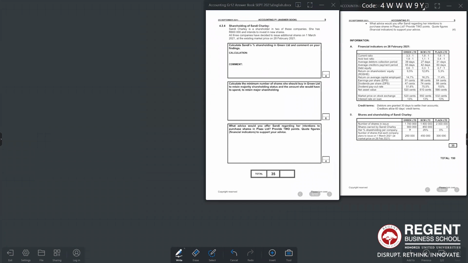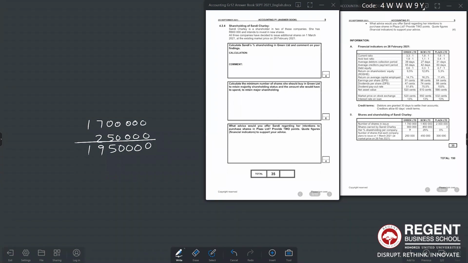The company has already issued 1.7 million shares. Work it out like this, it's quite easy. They have issued 1,700,000 shares. Now they want to issue another 250,000 shares. If I add it up, they will have in issue 1,950,000 shares. That's how many shares will be in issue.